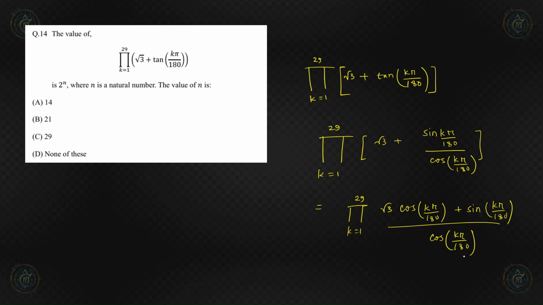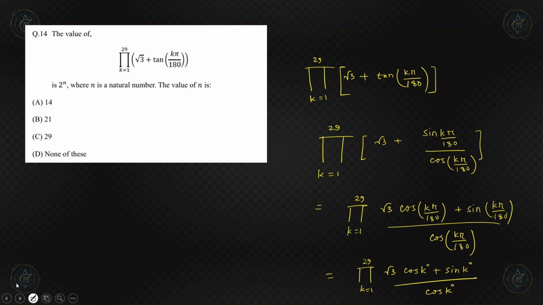So for simplicity we can actually convert the radians into degrees. Okay, तो चलो डिग्री यूज करते हैं यहाँ पे. तो हम लिख सकते हैं इसे k equal to 1 to 29 this product root 3 cos k degree plus sin k degree, divided by cos of k degree.